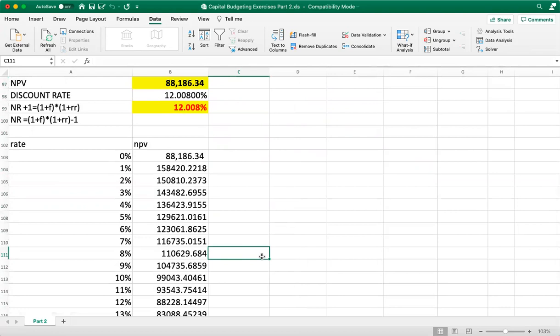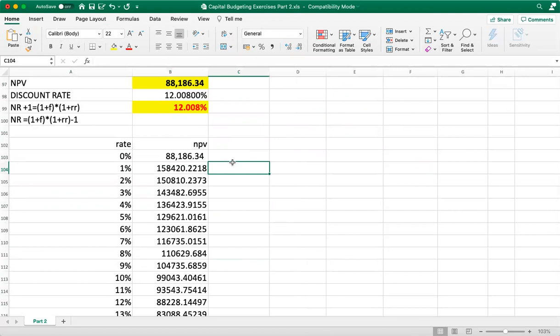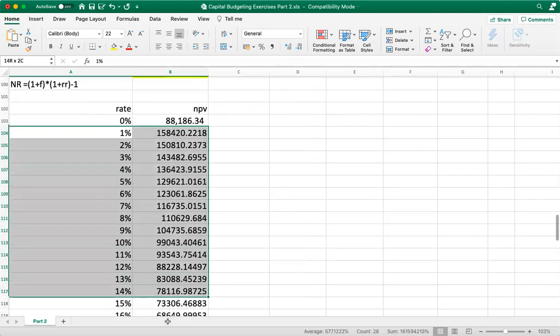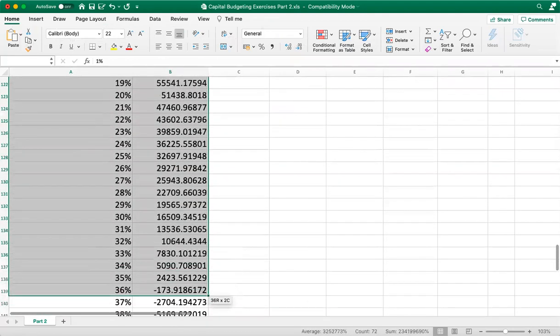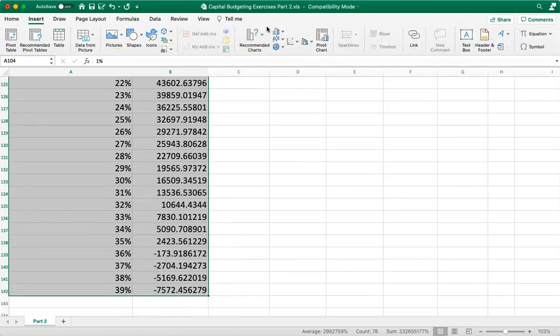Now, because we've generated the NPVs at these given rates, what we require next is to get the graph. So to get the graph, start from 1% to your 39%. Then you go to insert, look for your charts.